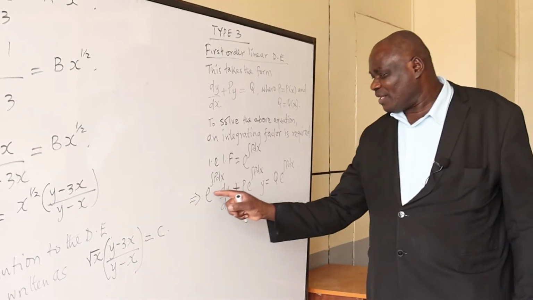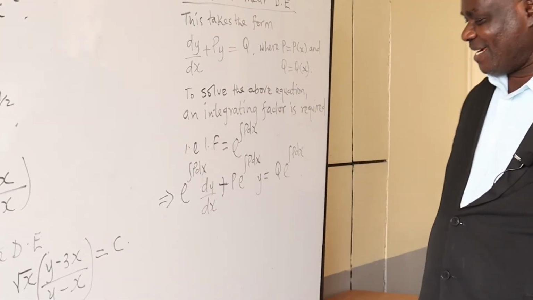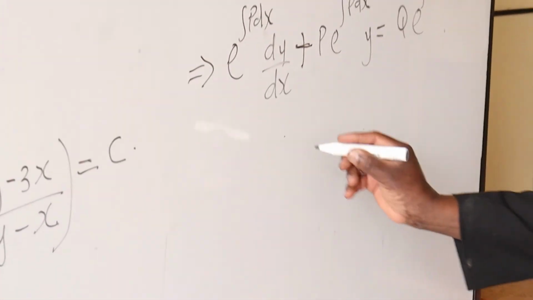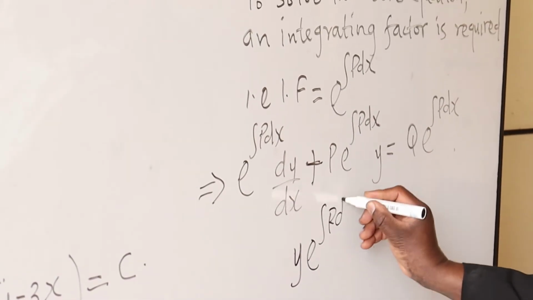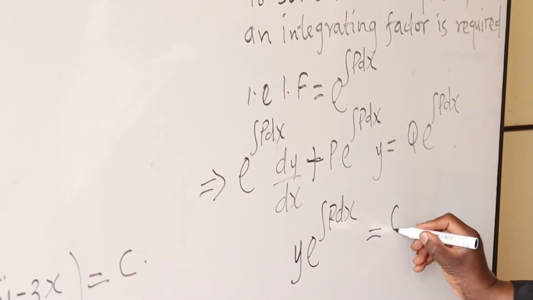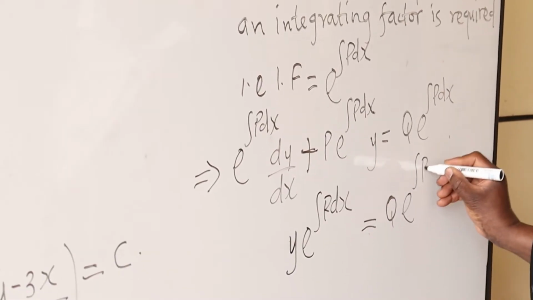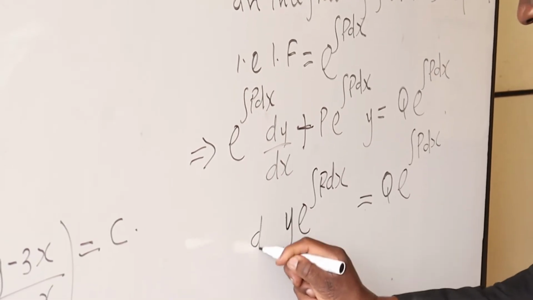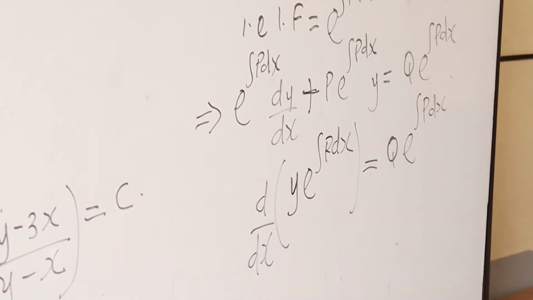So, the whole of this side, if we clear it nicely, it just becomes y multiplying the exponential p dx will just be equal to q e power the integral of p dx. So this will be d dx, the whole of this side, d dx of that.